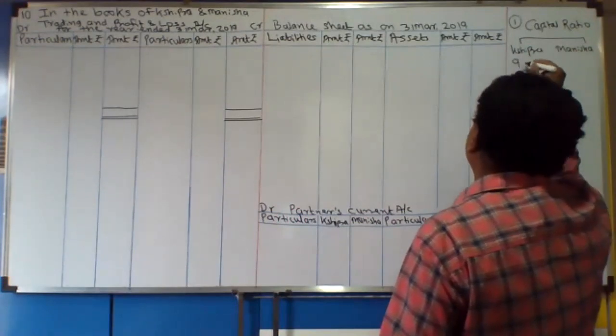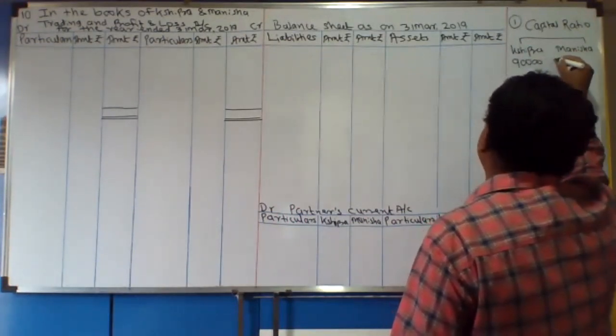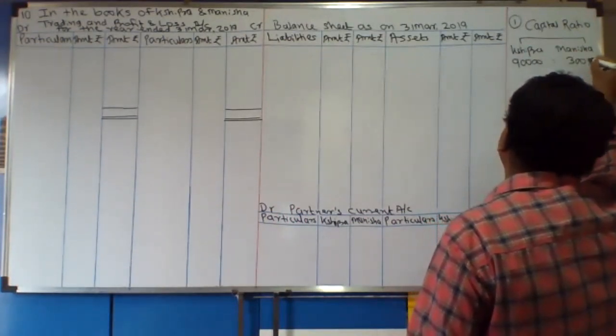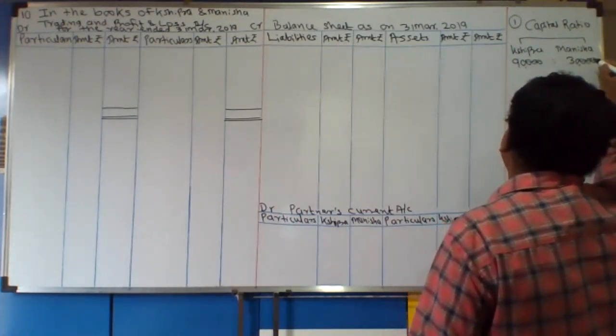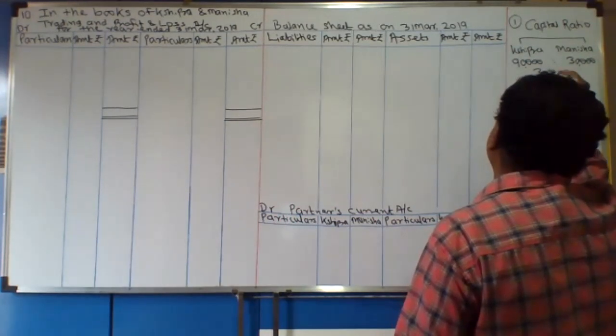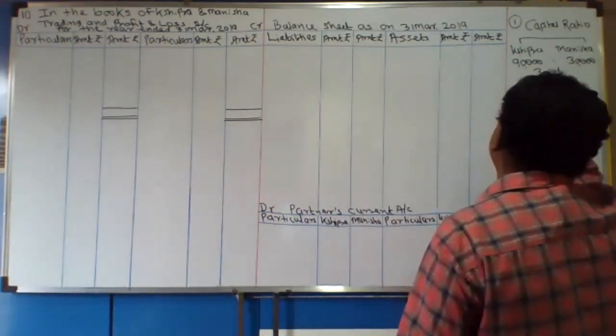The capitals are 90,000 and 30,000. मतलब इसका ratio निकालना पड़ेगा आपको. Okay, so you can calculate in this way. 3 3s are 9. That is coming 3:1.